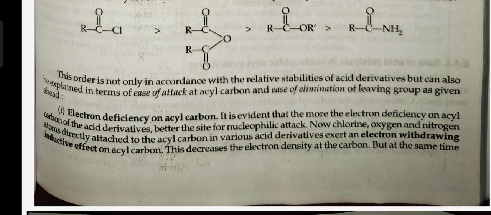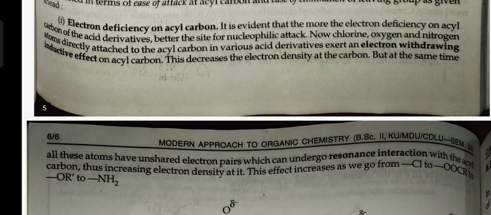It is evident that the more electron deficient the acyl carbon of an acid derivative, the better the site of nucleophilic attack. Now, chlorine, oxygen, and nitrogen atoms directly attached to the acyl carbon in various acid derivatives exert an electron withdrawing inductive effect on the acyl carbon. This decreases the electron density at the carbon, but at the same time, all these atoms have an unshared electron pair which can undergo resonance interaction with the acyl carbon, thus increasing electron density at it.